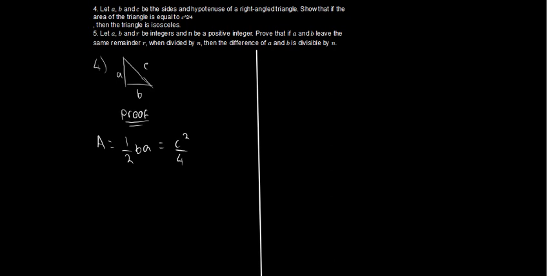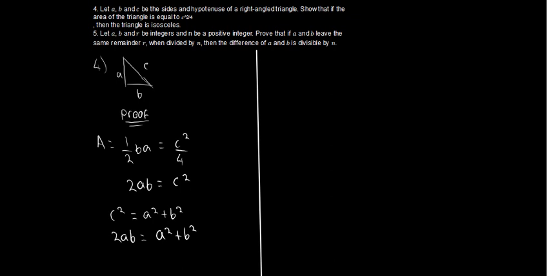Now what we'll do is multiply these two expressions by 4, which gives us 2AB is equal to c squared. Now, where have we seen c squared? Well, in Pythagoras' theorem, c squared is equal to a squared plus b squared. Having this, we have 2ab is equal to a squared plus b squared, like that, right?